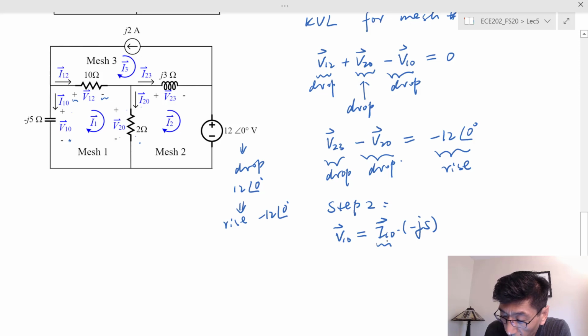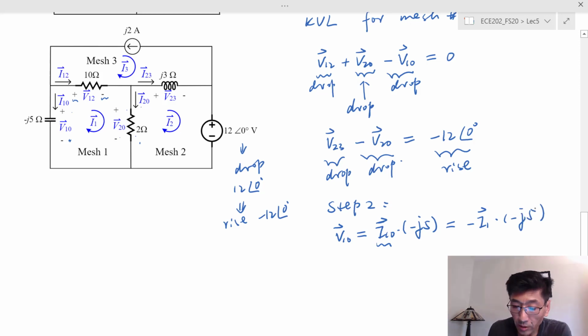We also want to replace these element currents by the mesh currents, because that's what we really want. So in this case, I have negative I1 times negative J5.